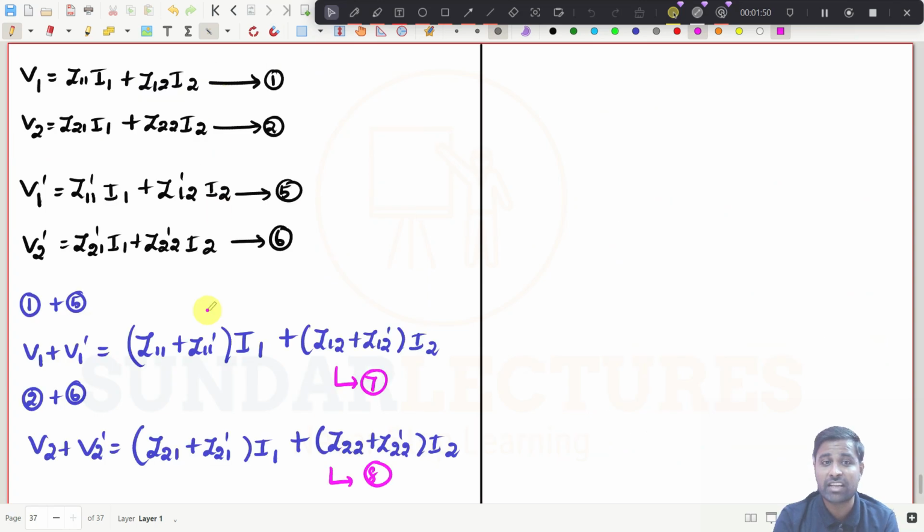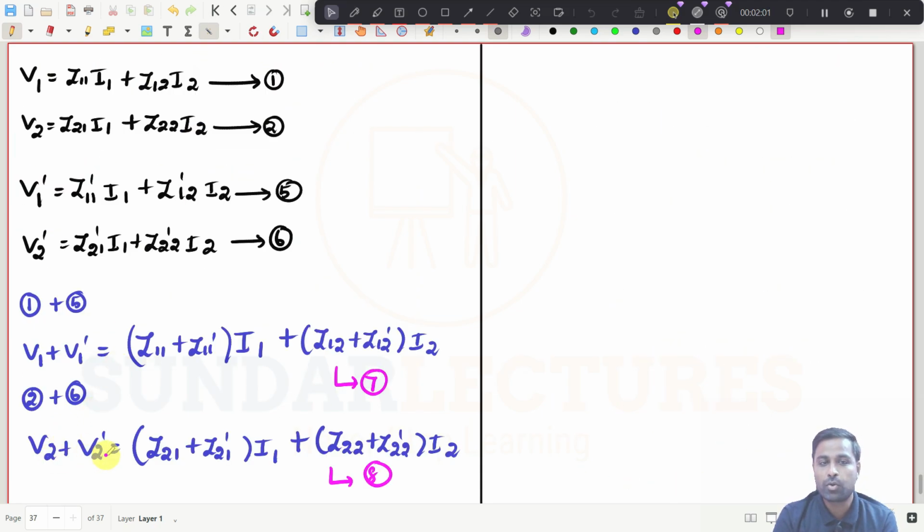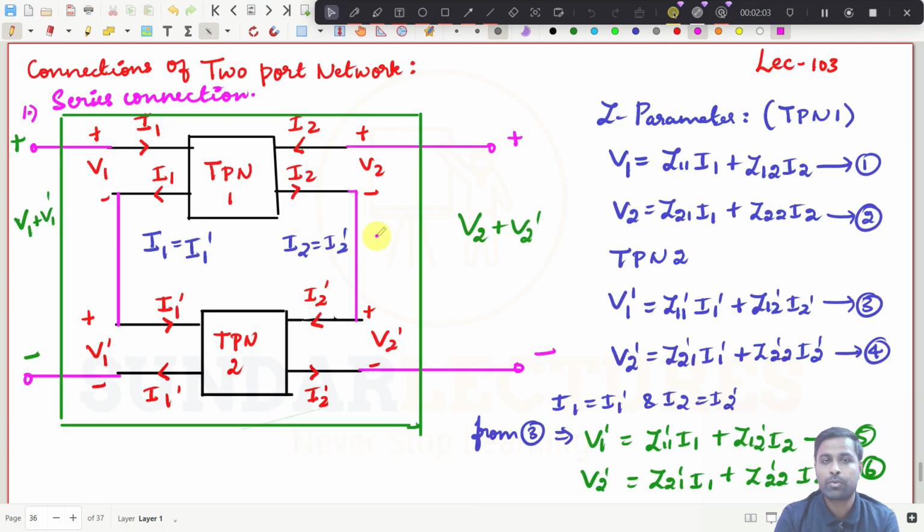That is what we have done here. V1 plus V1 dash is the input voltage here, and V2 plus V2 dash is the output voltage here. And you see here, what is this current? This current is same, that is nothing but I2. And what is the current coming here?